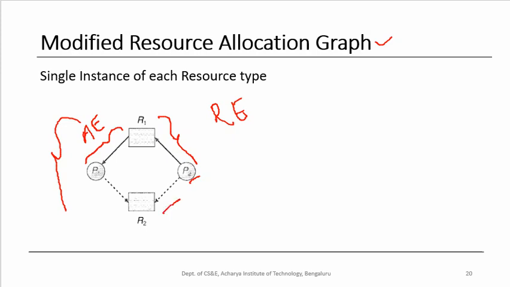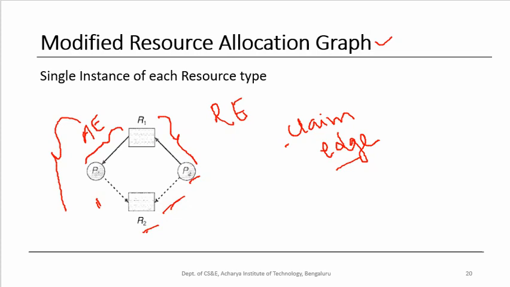Now here we have another kind of edge, shown using a dotted line, and this kind of edge is called a claim edge. That means the process is going to claim this resource in the future.